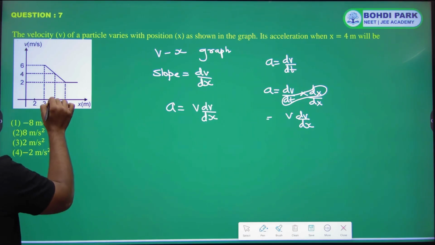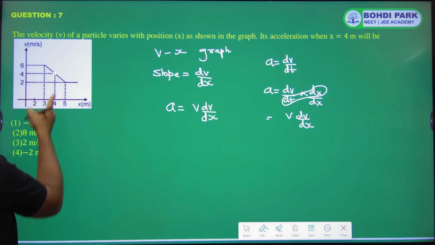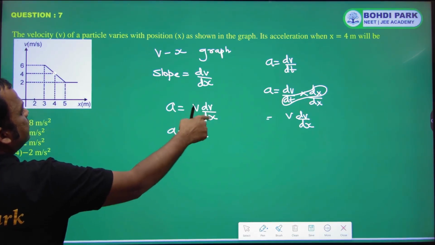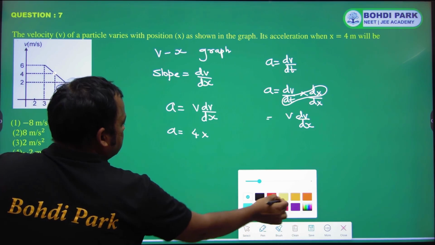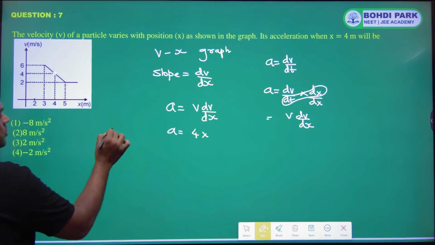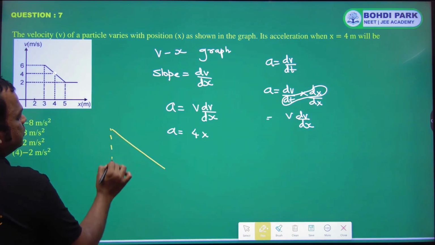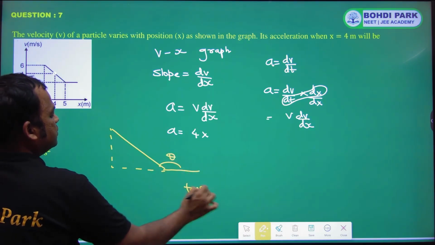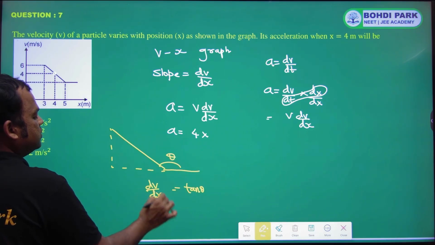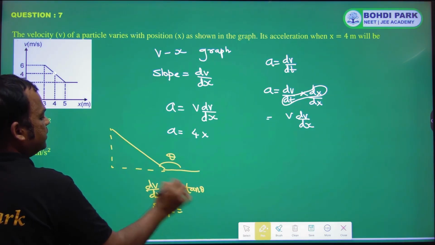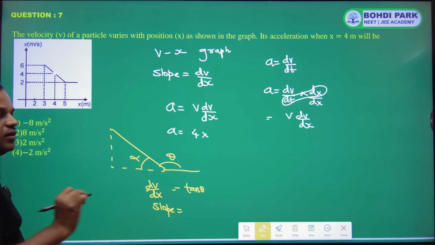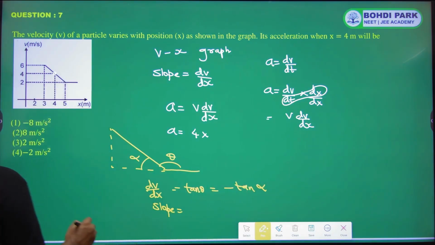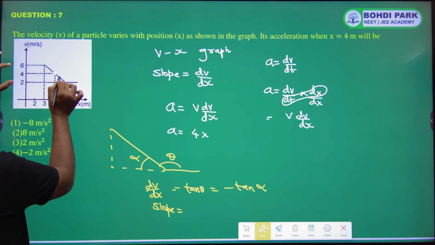Now at 4 meter, velocity is 4 meter per second. So acceleration will be 4 into dv by dx. Now dv by dx is the slope. So for slope, we will use the tan theta formula. Slope is equal to tan theta, and we can also find tan alpha. So tan theta will be equal to minus tan alpha. Now to calculate tan alpha, this is alpha.